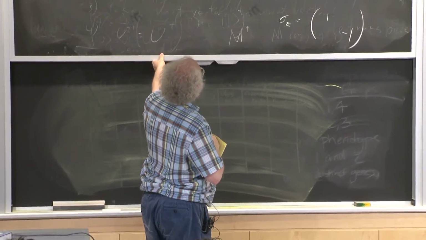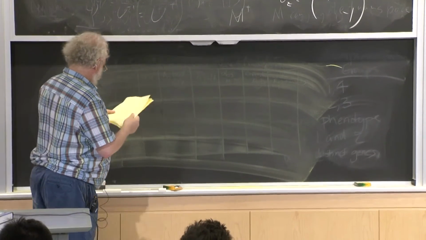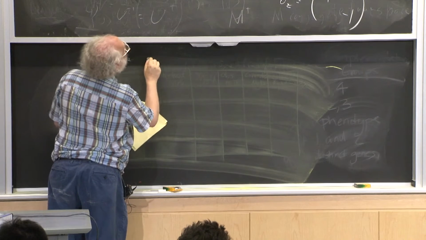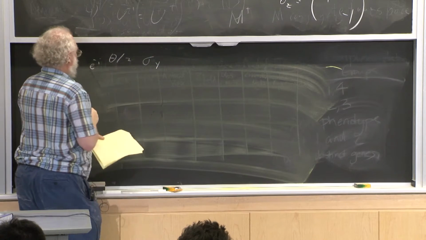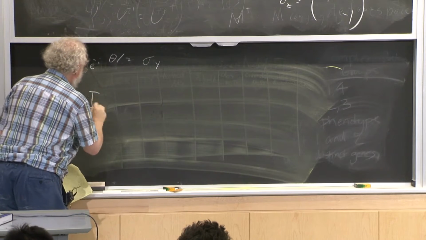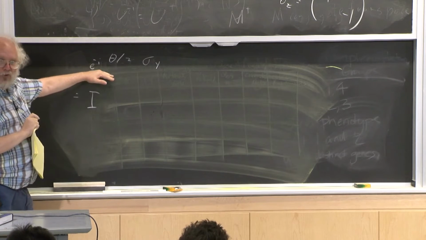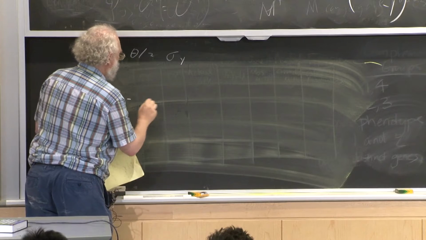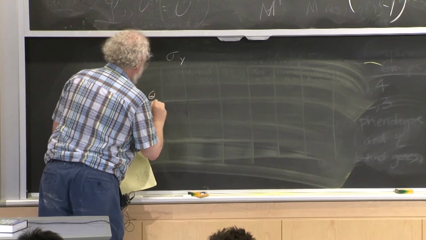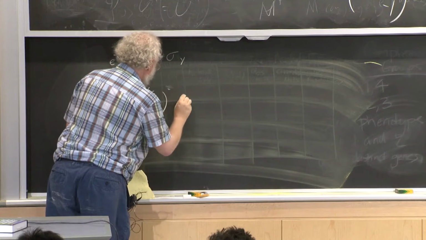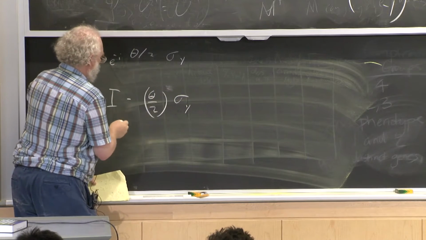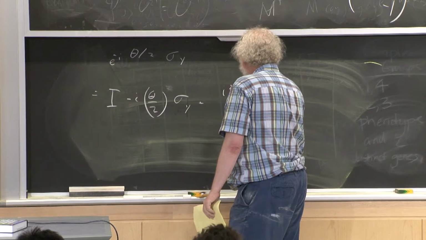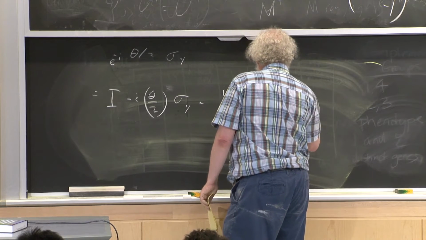Okay. Yeah, good. e to the minus i theta over 2 sigma y is equal to I. What we're going to do is just write this out in terms of a Taylor series. Minus i theta over 2 sigma y, plus i squared theta over 2 squared sigma y squared.